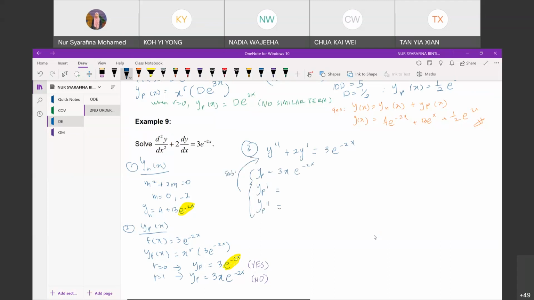Find the constant D there, and you should have your answer y(x) equals.